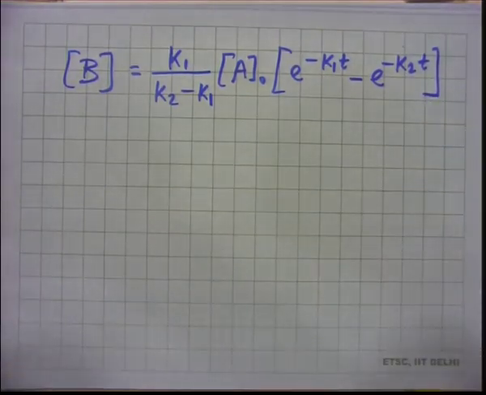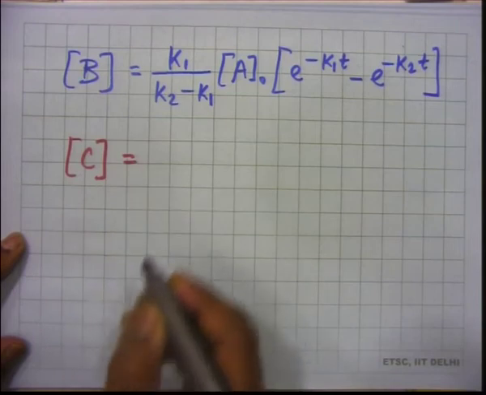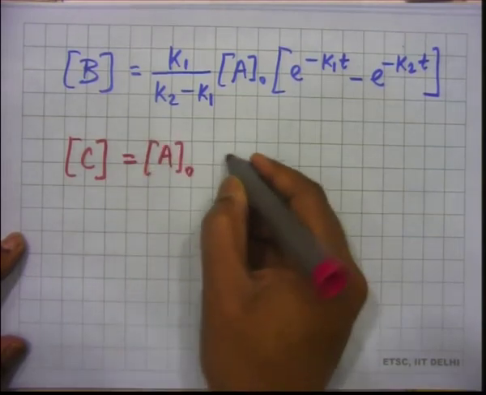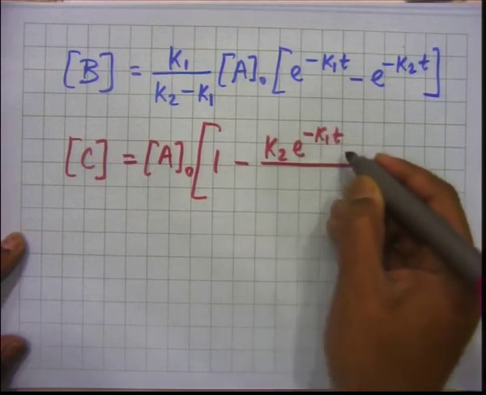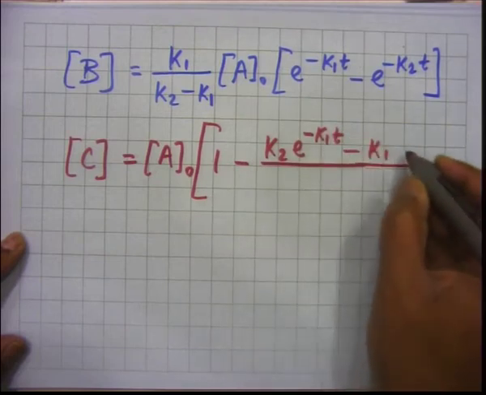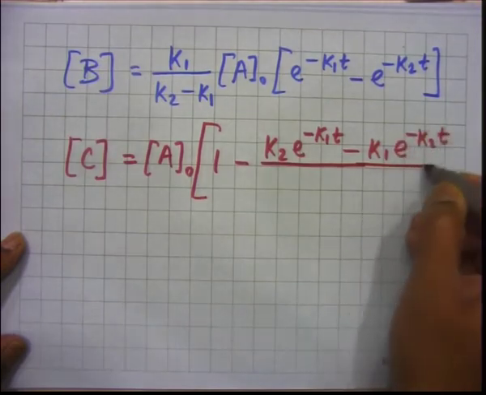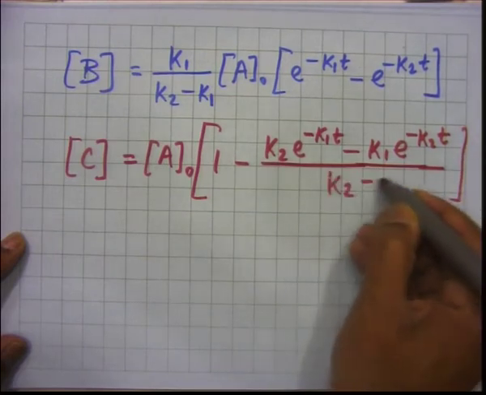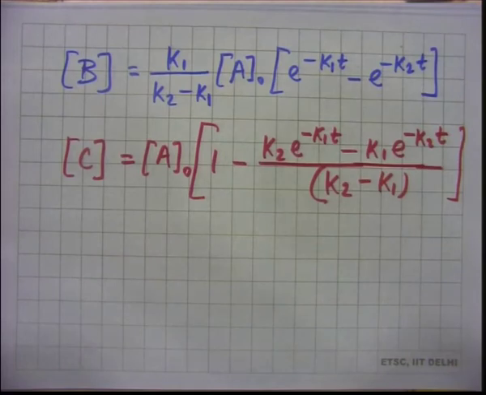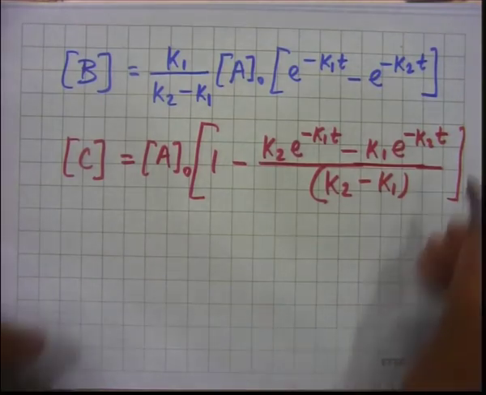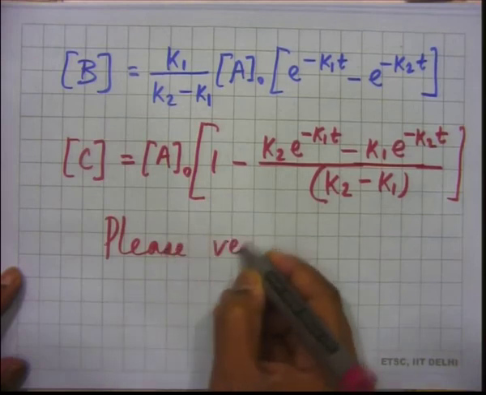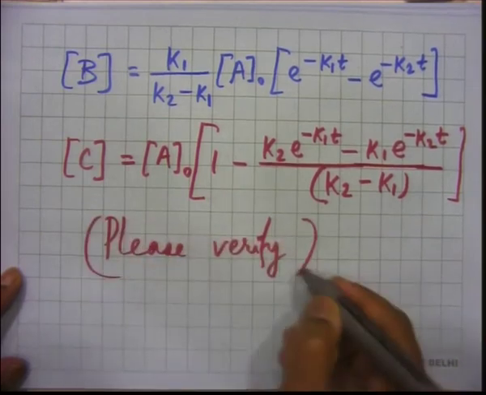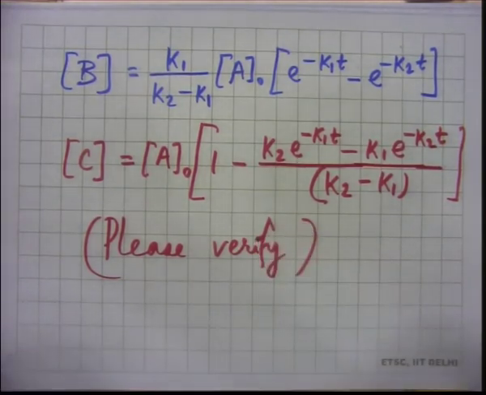So, that is concentration of B. So, these are B and C. Please verify at home, not here. It will take too much time here.